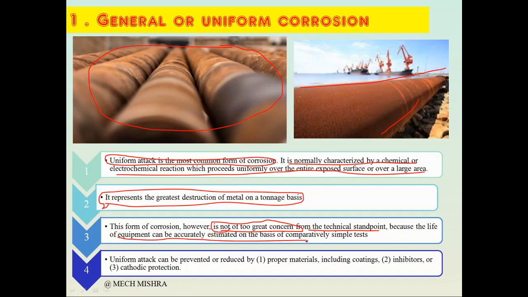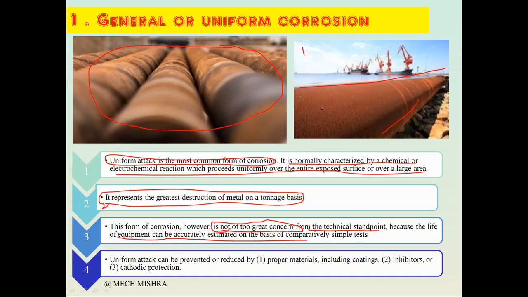Predictability is very high, so we can easily estimate the life of a piping, and we can calculate the corrosion rate or the remaining life easily, because this is uniformly distributed along the surface.